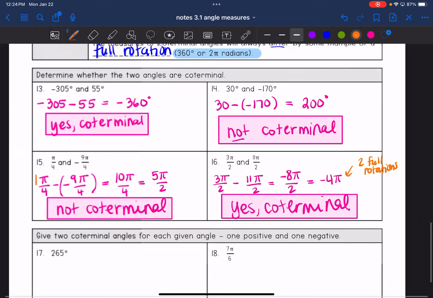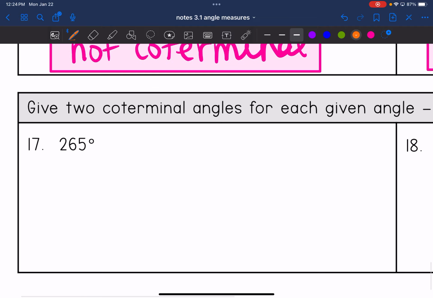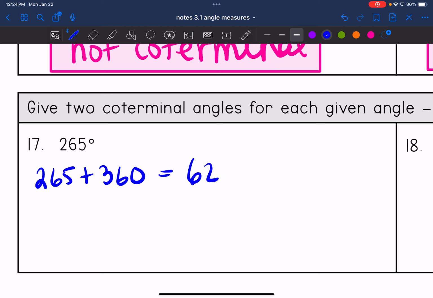Okay, and then the last 2 problems just want us to come up with our own coterminal angles, and we want one that's positive and one that's negative. So if they already give me 265 degrees, I want another angle that's going to land in that same spot. Let's just start by, well, let's add 360. Let's do a full rotation from there. So 265 plus 360 gives me 625.